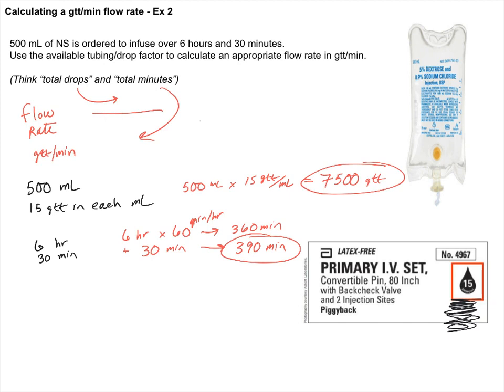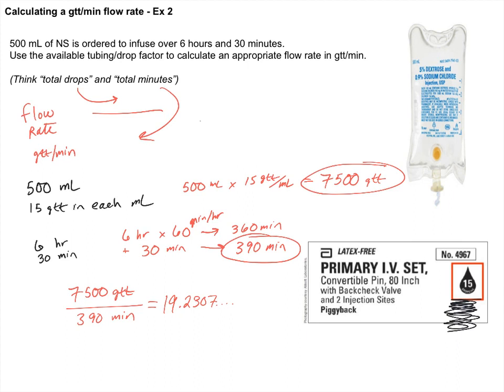I am now ready to calculate my flow rate. I have 7,500 drops. They need to infuse over 390 minutes. So I set up that ratio. I'm going to put this into my calculator, and I get 19.2307, and that continues.